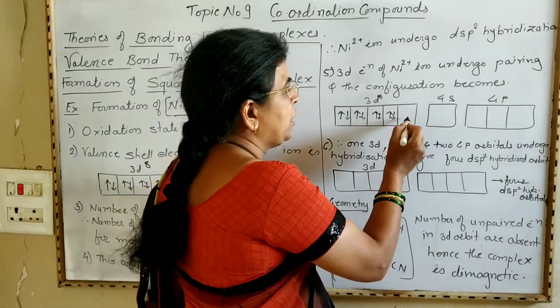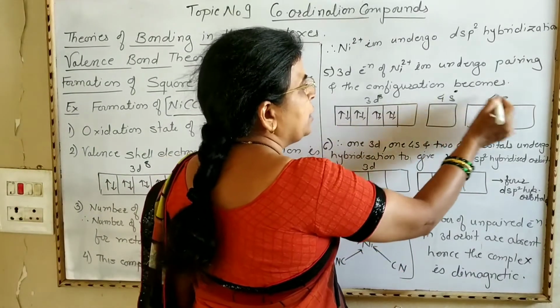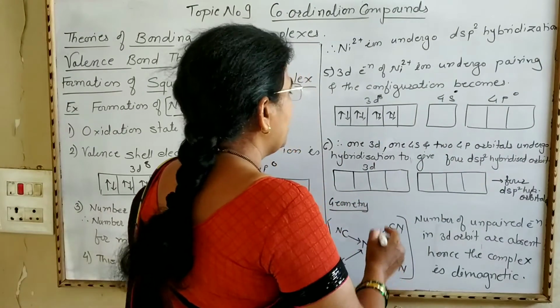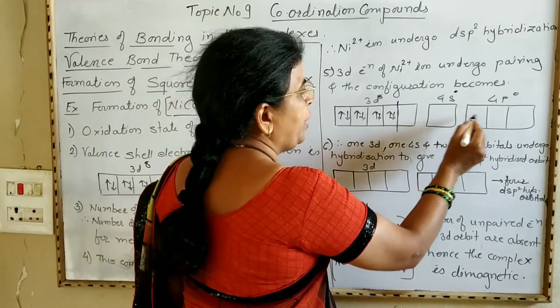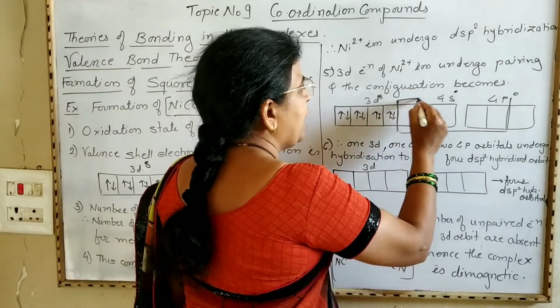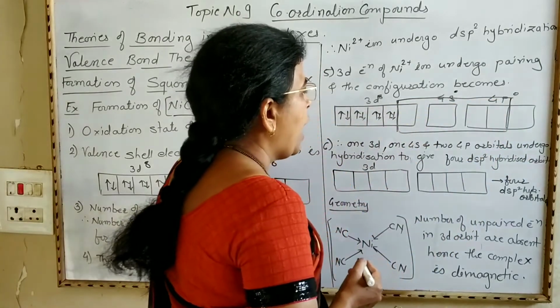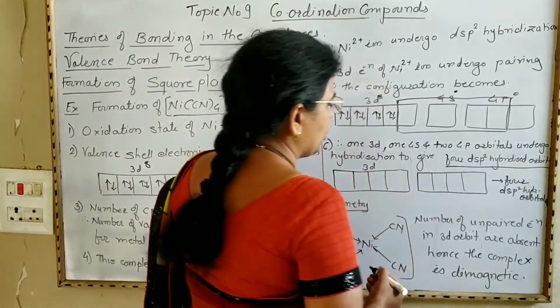Now this 3d orbital becomes vacant. This is 4s0 and this is 4p0. Now this one 3d orbital, one 4s orbital, and these two 4p orbitals of this Ni2+ ion undergo hybridization to give 4 dsp2 hybridized orbitals.